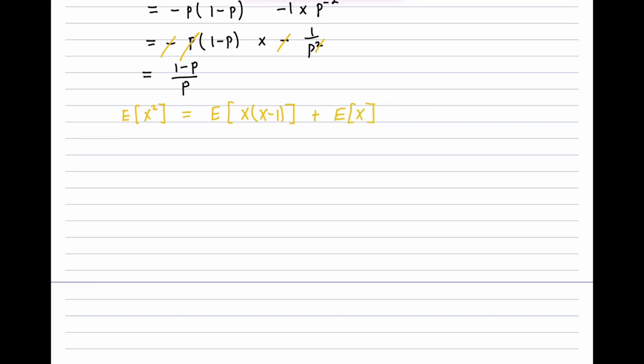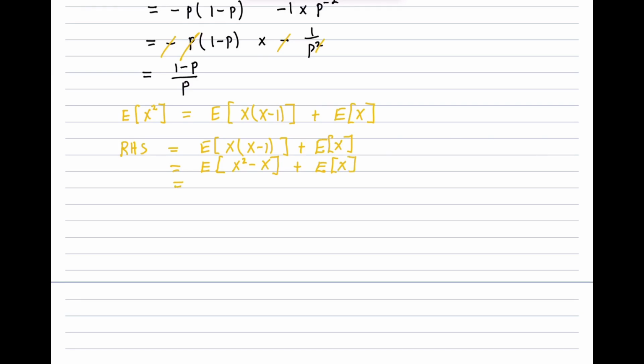And just as a bit of a proof, in case you wanted a reminder of why this is the case, if we look at the right-hand side of the equation, which is the expected value of x, x minus 1, plus the expected value of x, this is of course equal to the expected value of, if you expand the brackets inside, x squared minus x, plus the expected value of x.